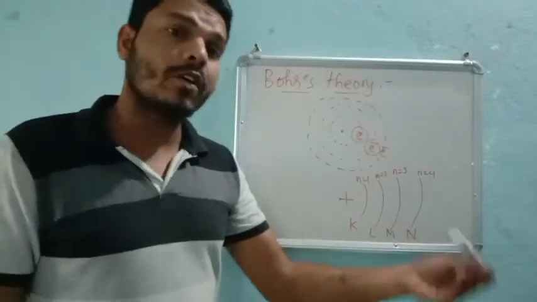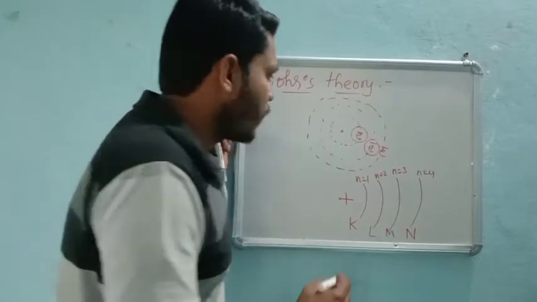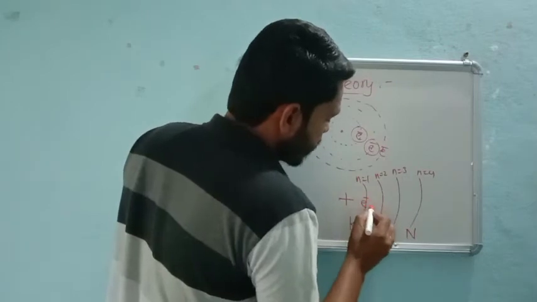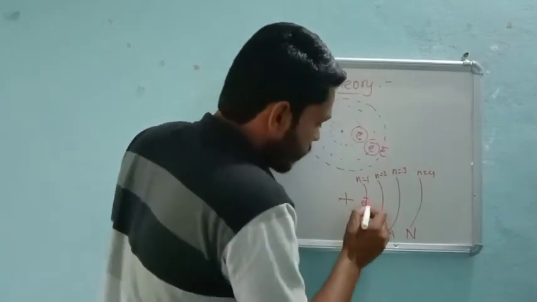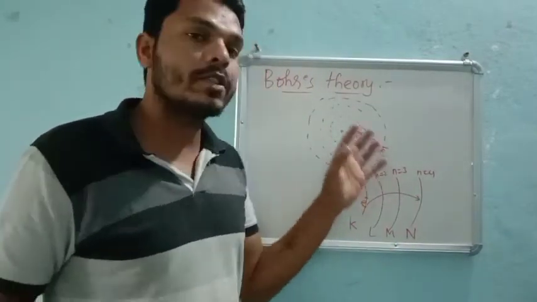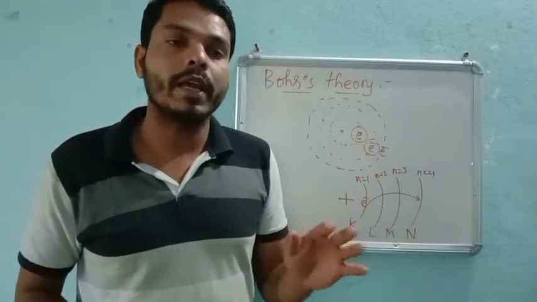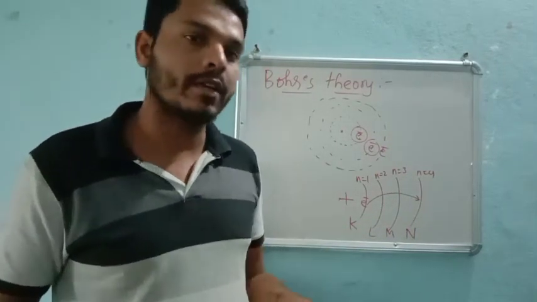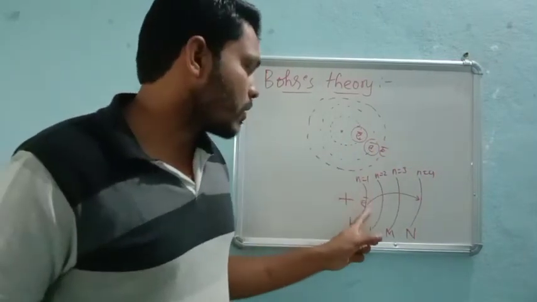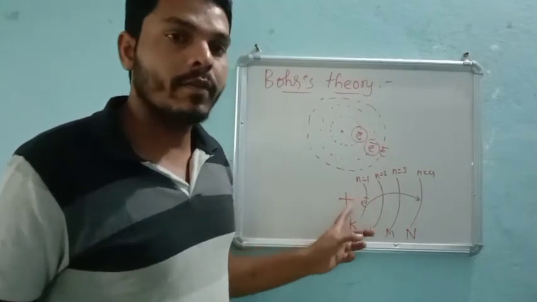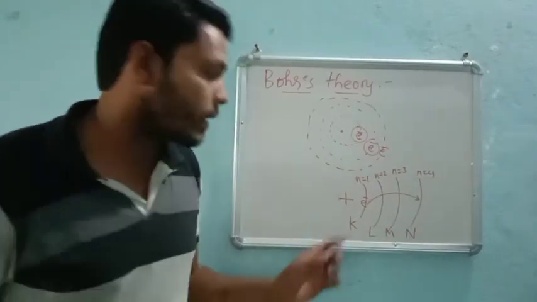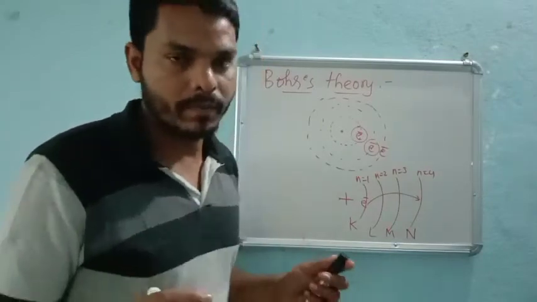When it absorbs energy, according to him, the electron present in the lower energy level will jump to a higher energy level. When we apply some amount of external energy, the electron has the capacity to absorb it. If it absorbs the energy, the energy level will be upgraded. It will move to the higher energy level like this, and that is called absorption, right?